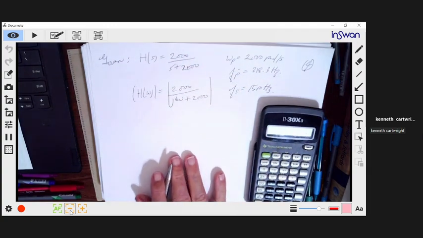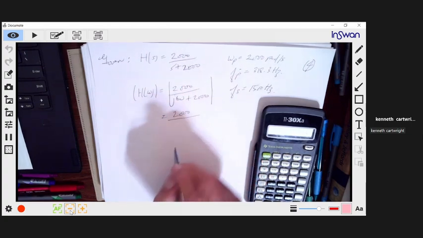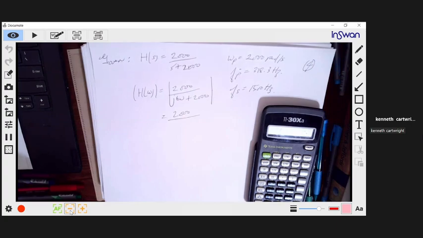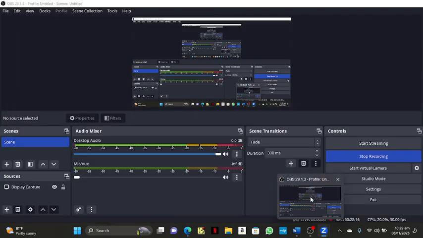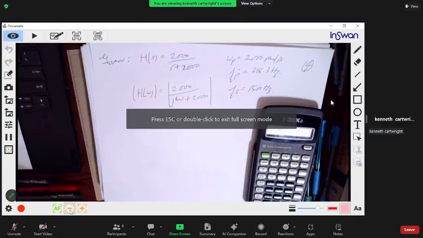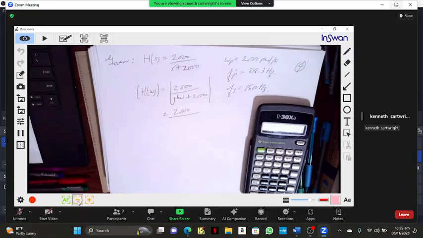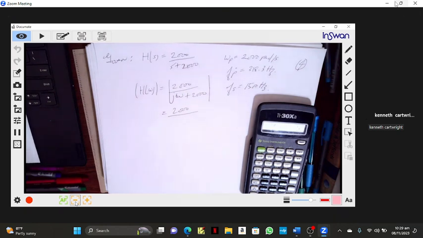And the magnitude of the top is 2,000. And what's the magnitude of the bottom?